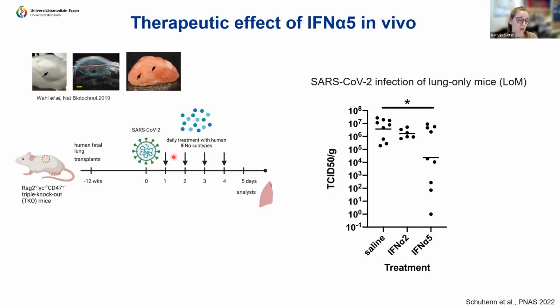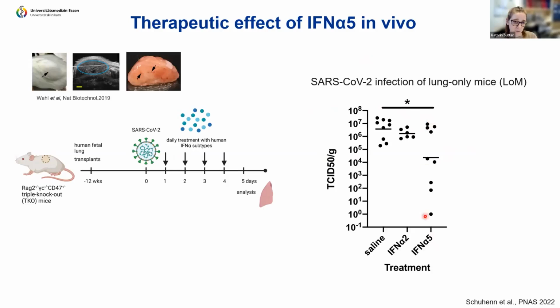And again, we used alpha-5, which has the strongest effect in vitro, and alpha-2, which is the clinically approved one. And so these are only a few mice, but that was the first experiment with these so-called lung-only mice, where only the lung is human.